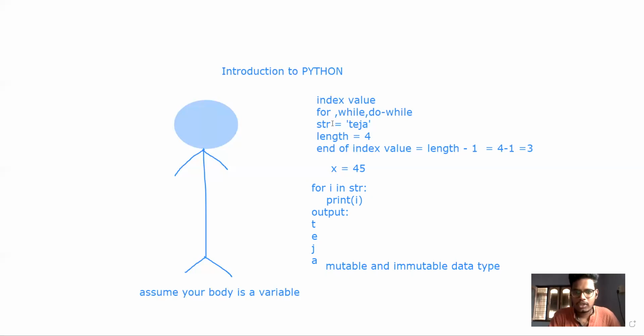If you see str, where the string is equal to Teja, and you want to change the index value 1, E, to any alphabet like x, it would be Txja, but we can't change it because it is a string. But we can change the entire Teja to Txja by removing the entire data assigned to the string variable and assigning the new data to the string variable.